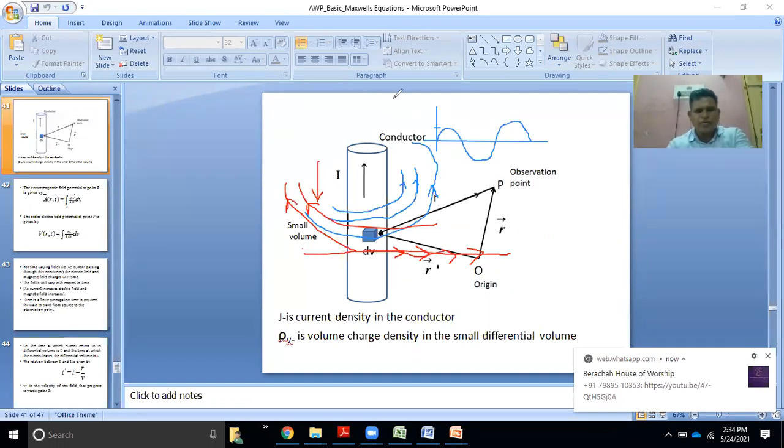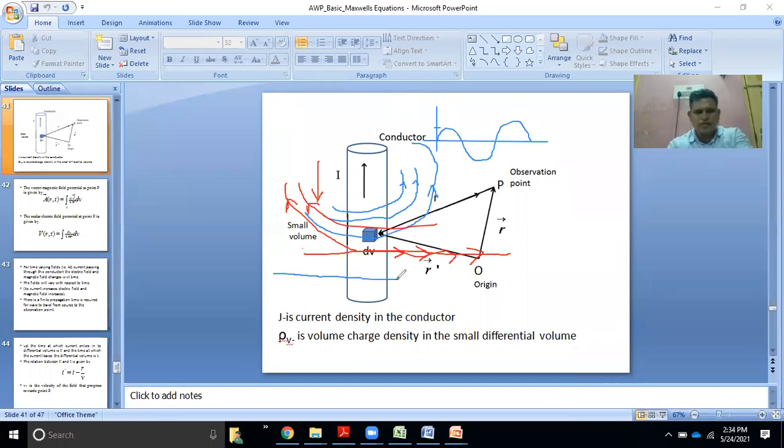What happened to the electric field? The current is coming this side, and the magnetic field lines are like this. If you increase in the negative direction, it increases like this. This is the direction of the electric field if the current is passing in this direction. Therefore, a change in the current causes a change in the magnetic field and electric field.